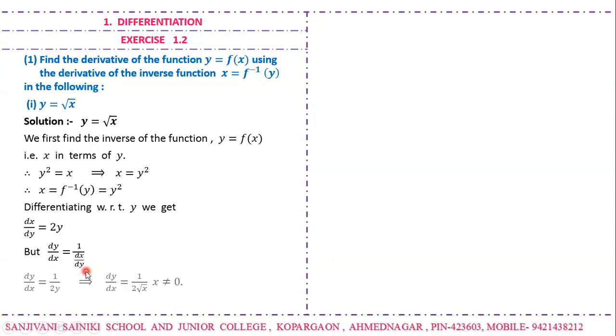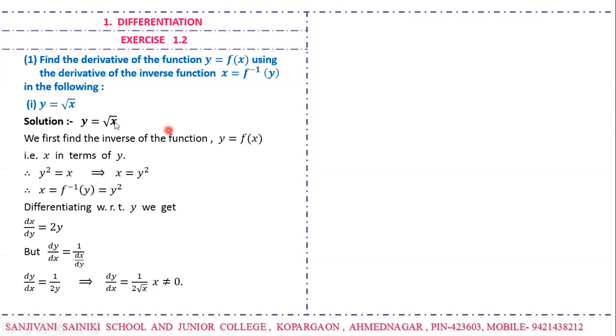Use any one of these. So dy by dx is equal to 1 upon, what is the value of dx by dy? It's 2y. So dy by dx is equal to 1 upon 2 root x. Why 2 root x? Because the value of y is root x. So we substitute it, and we get the derivative of the given function.